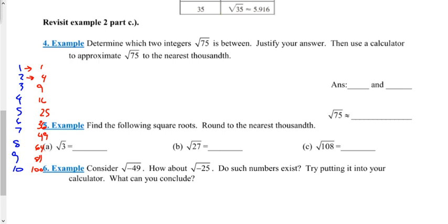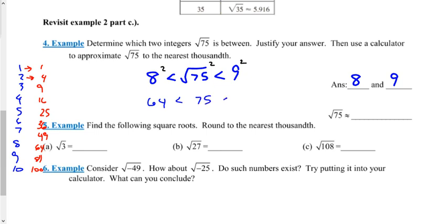So 75 actually falls right between 64 and 81. That means radical 75 is going to be right between 8 and 9. The reason that we can justify that is because if I square each of these, I end up getting 64 is less than 75 is less than 81.